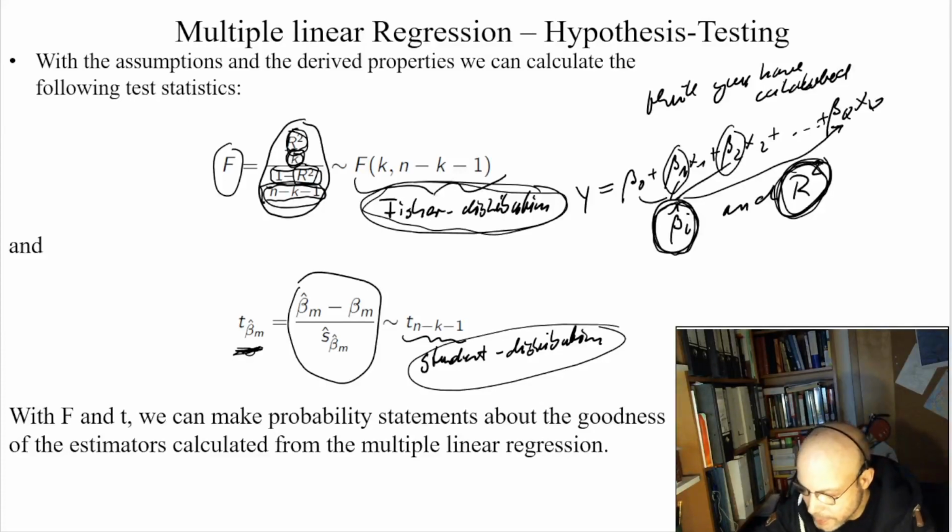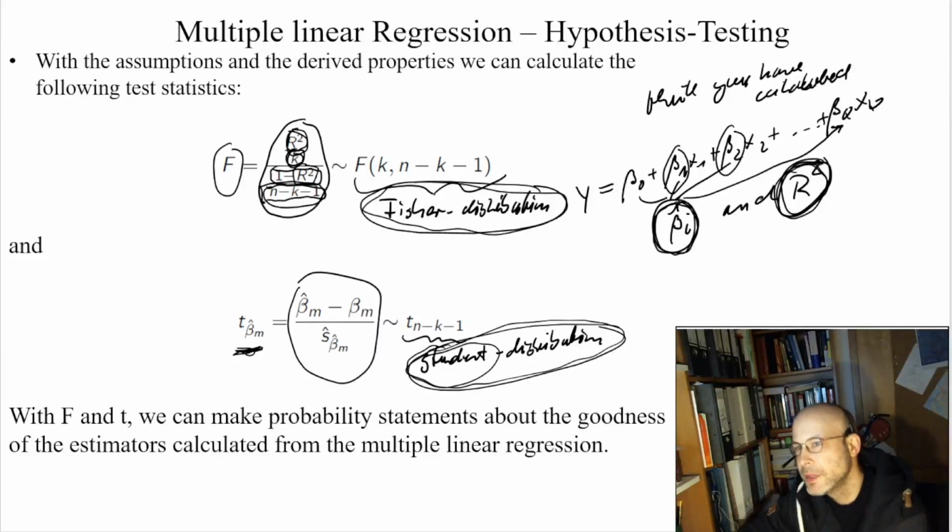This is called the Student distribution, because he published his paper under the pseudonym Student.